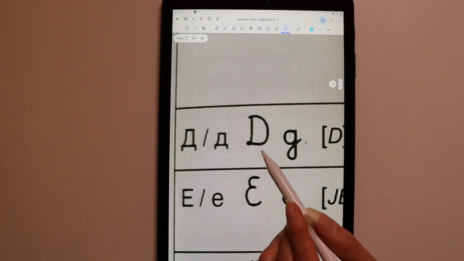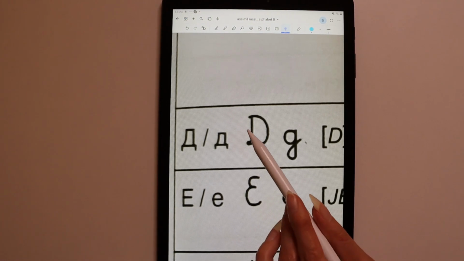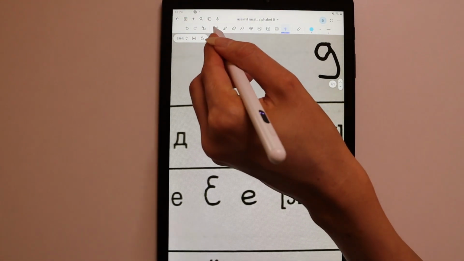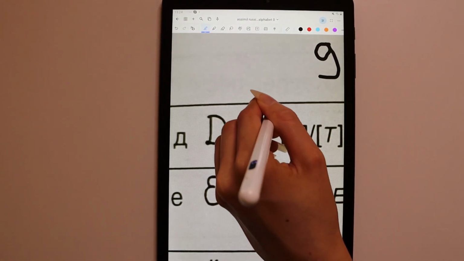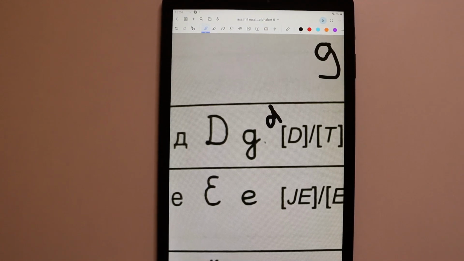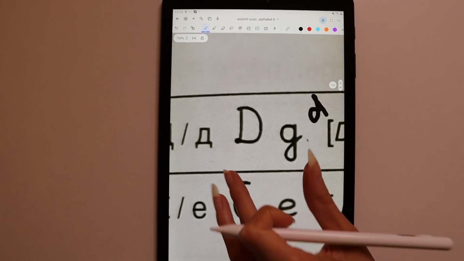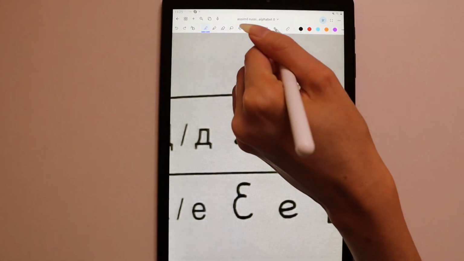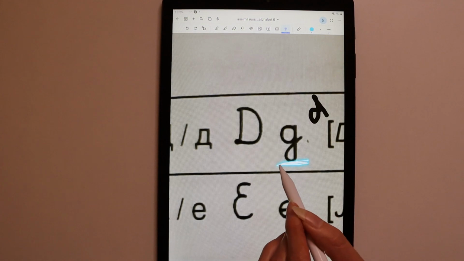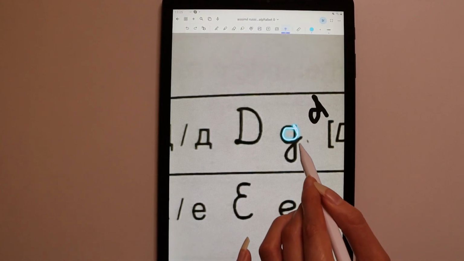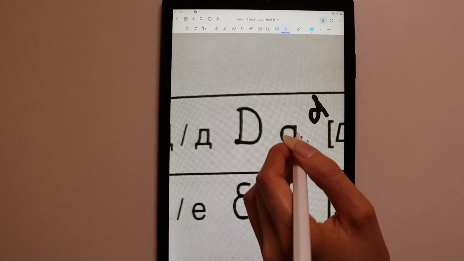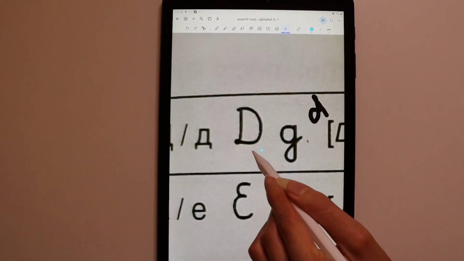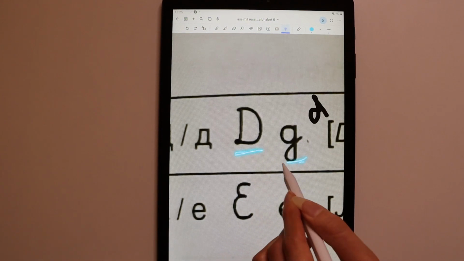And then in the cursive font, it looks like a D, and it is the D sound, like in English, like in the word dog as an example. But when it's a lowercase letter in the cursive font, it's written like a G in the Latin alphabet cursive font, but it's still a D, so this is a D and this is also a D.